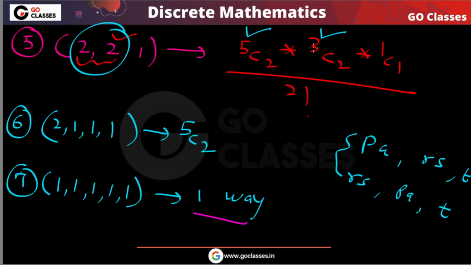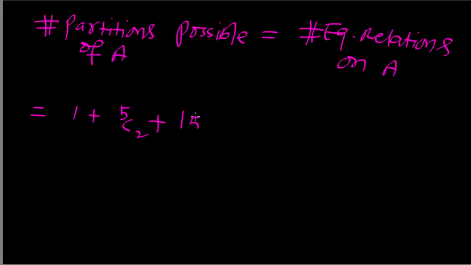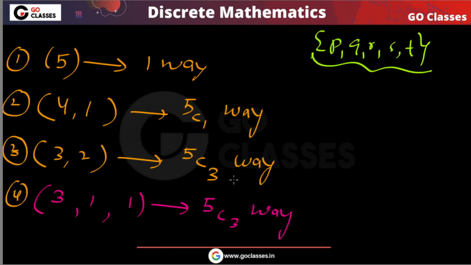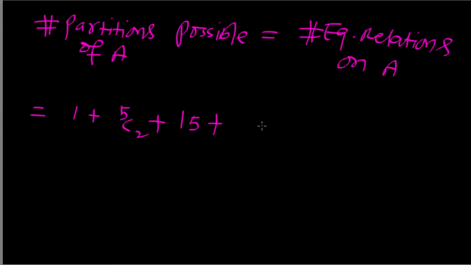So 10 into 3, that is 30. 30 divided by 2, so that is 15. That is 15 plus, and what is this? 1 plus 1 plus 5 is 6, and 6 plus 10 is 16. 16 plus 10, so that is 26. So you can say 26. So this will be your answer.